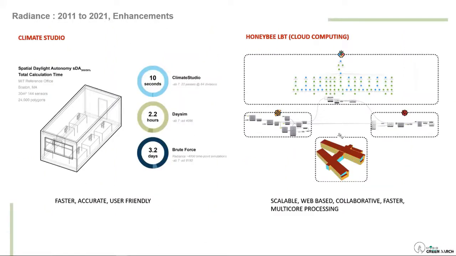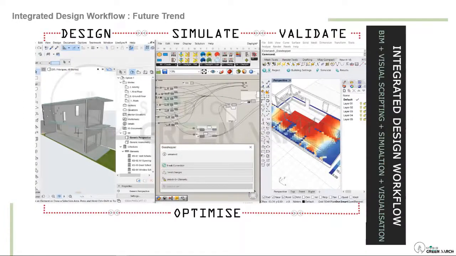And this is the Honeybee LBT cloud computing, you can see, right? In today's context, we are going into an integrated design workflow, where an architect designs a model in building information modeling. Then the properties of the same model are directly brought to the simulation engine, like Grasshopper.